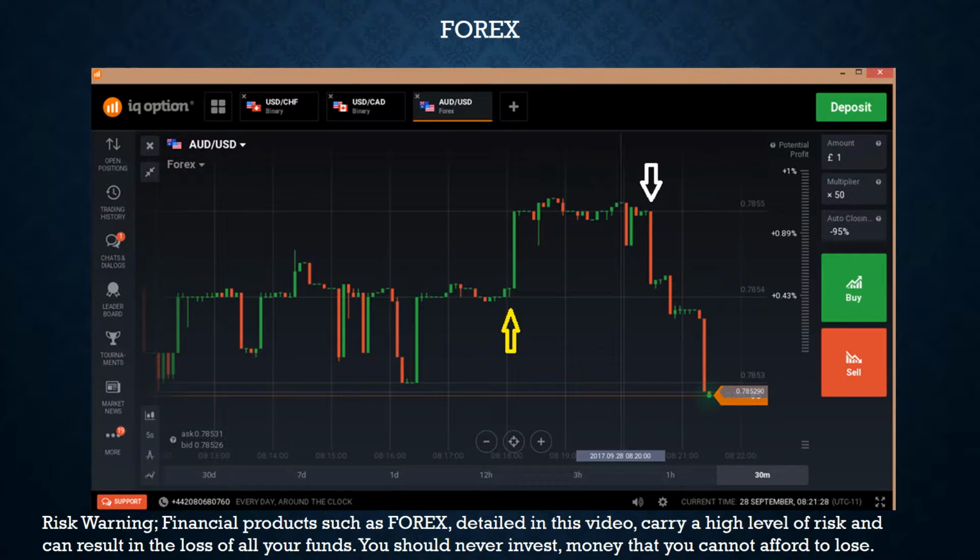We're trading as to whether we feel the price would appreciate or depreciate, and as a result our profitability would then reflect this. If we got it right, then we can see on the right hand side there's the amount, so pound all the way up to, I believe, £10,000, multipliers, which we'll get onto a little bit later, and auto closing function.